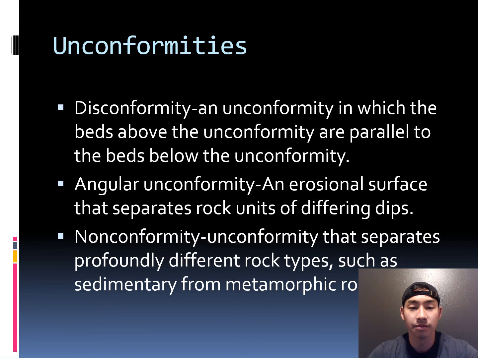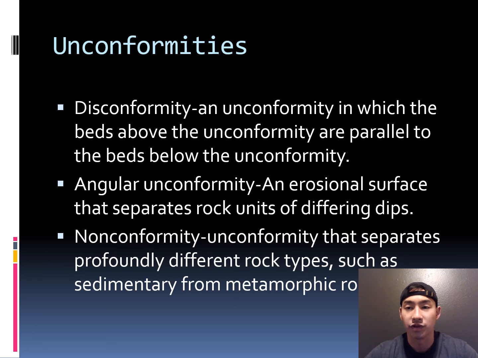An angular unconformity is where we have some tilted layers, and those tilted layers are eroded, and we have new deposited layers that are nice and flat and horizontal on top of the tilted, eroded layers. A non-conformity is two very different types of rocks in contact with one another that wouldn't really make sense.